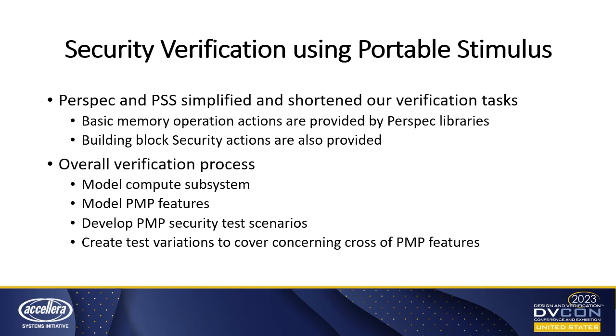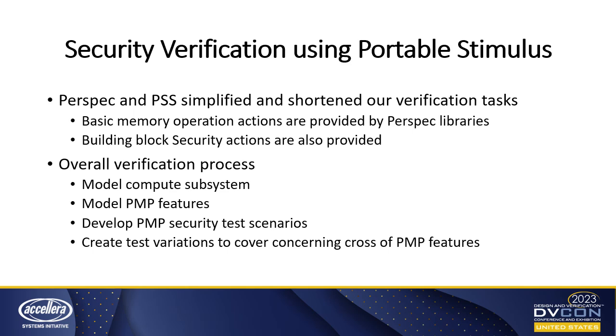The overall verification process involves 4 steps. The first step is to model a compute subsystem. A compute subsystem is a part of a SoC that's responsible for executing computation tasks, like a CPU. This step also involves configuring the memory subsystem to specify all the shared memories in the system.